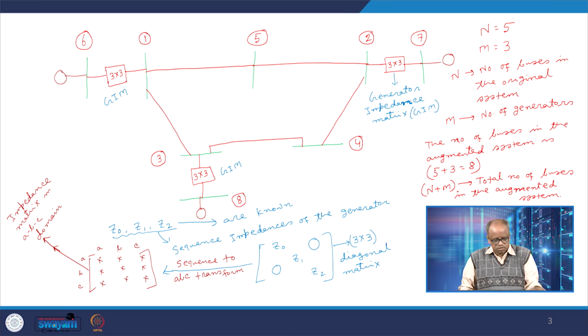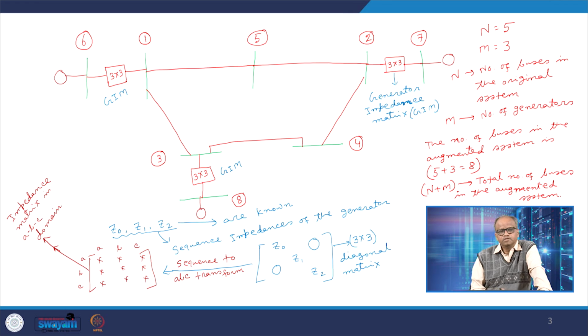We assume that instead of the generator feeding power at its terminal bus, it is actually feeding power to its internal bus, and the power comes to the terminal bus after traveling through the generator impedance. That happens because this generator internally generates some voltage, that voltage forces some current, and that current ultimately reaches the generator terminal by traversing through the generator impedance.